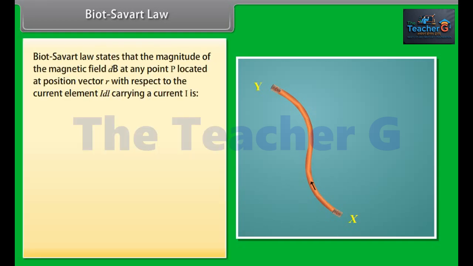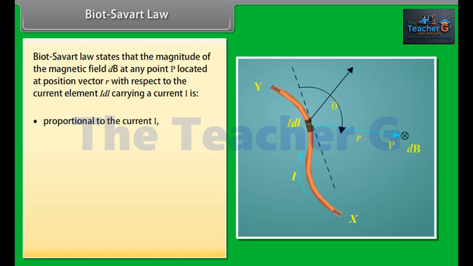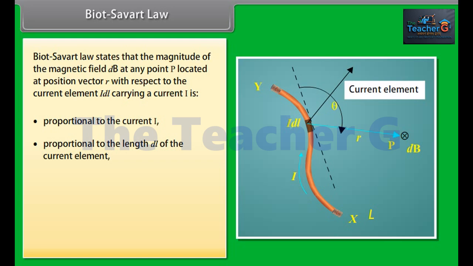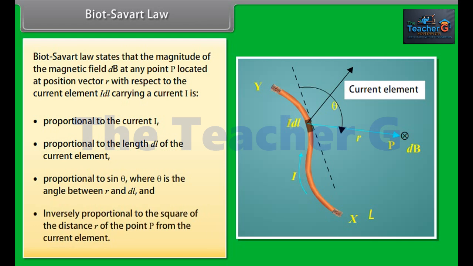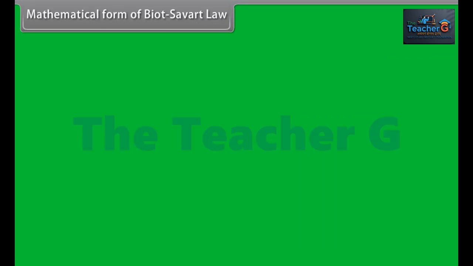Biot-Savart law states that the magnitude of the magnetic field dB at any point P, located at position vector r, with respect to the current element Idl carrying a current I is proportional to the current I, proportional to the length dl of the current element, proportional to sine theta, where theta is the angle between r and dl, and inversely proportional to the square of the distance r of the point P from the current element. Mathematical form of Biot-Savart law.